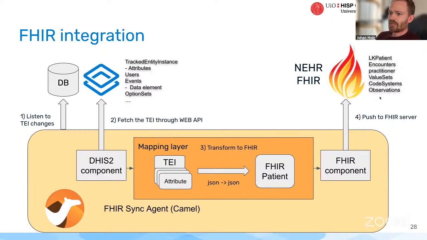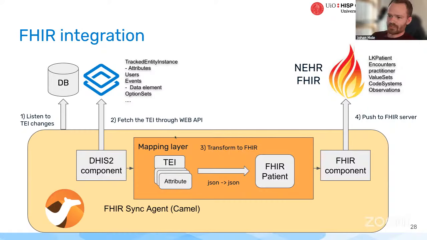As you can see in the diagram, the first step to achieve this is to listen to the changes in the DHIS2 database itself for tracked entities. When a tracked entity is created or updated, the database notifies the agent, and then the agent receives the ID and uses it to fetch the full data from the DHIS2 web API. It's this payload that acts as the source of truth for the transformation itself.